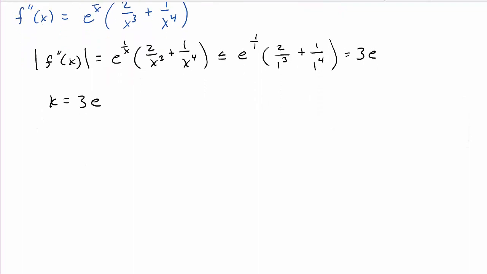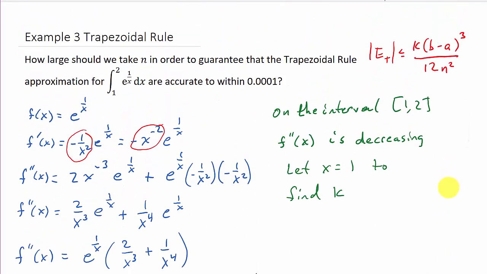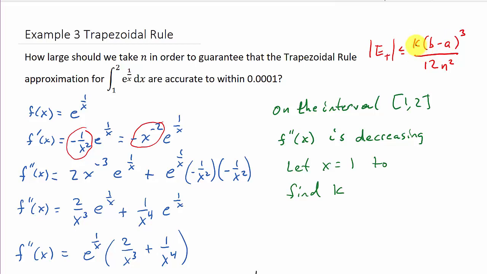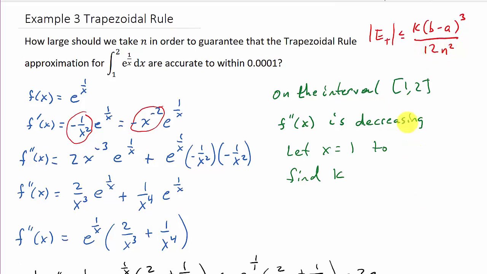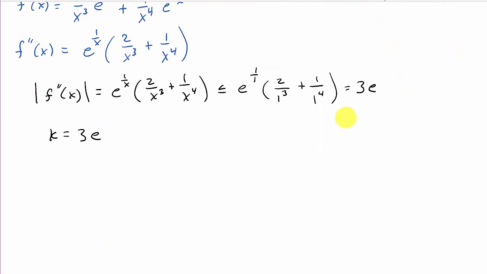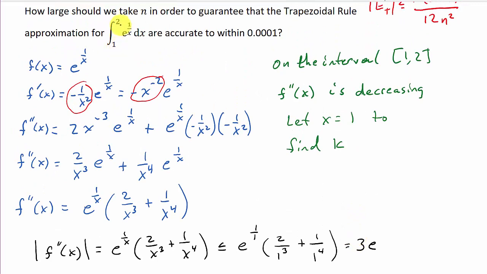All right. So now we plug it into here. K is what? 3e. B is 2. A is 1. And we're going to solve for n. All right. So I'm going to get 3e times, and then I've got what? 1 to 2.